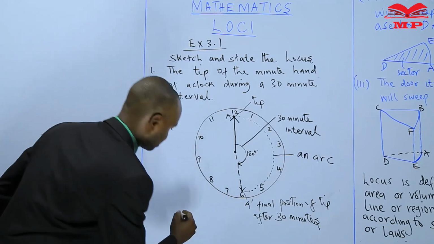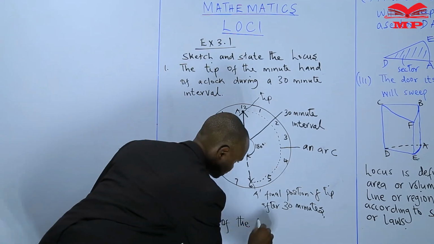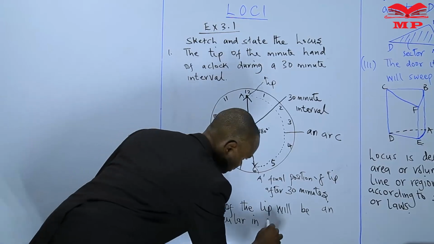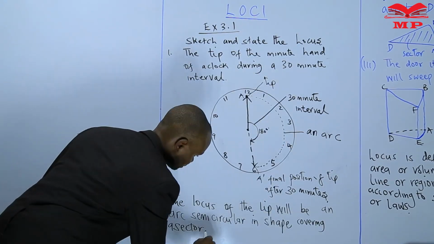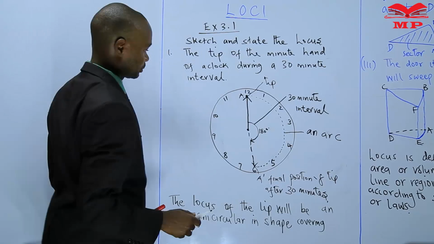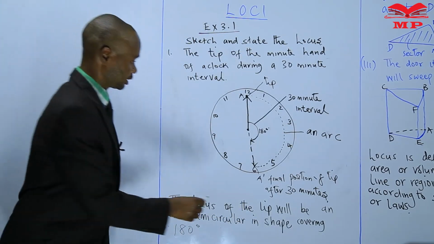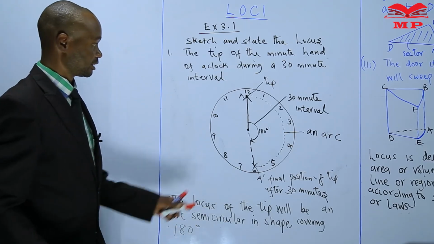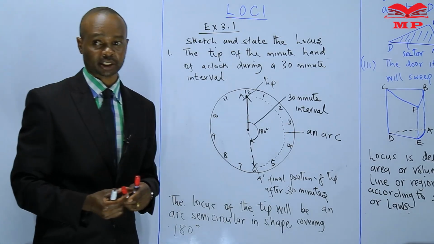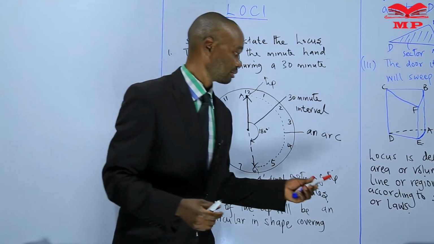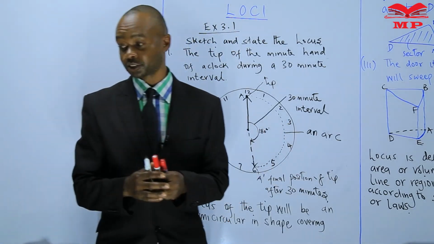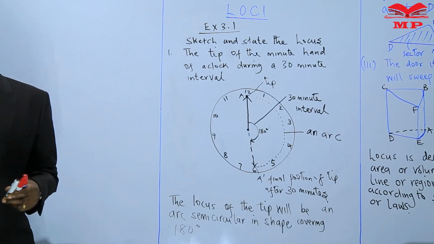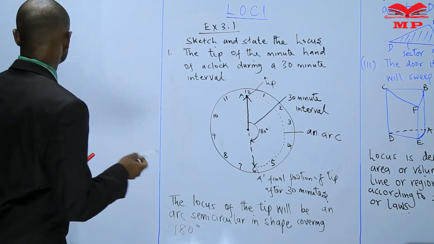So the locus drawn, so the locus of the tip will be an arc semicircular in shape covering 180 degrees. So having done that, we shall also look at the next question, number 2 of the same exercise.